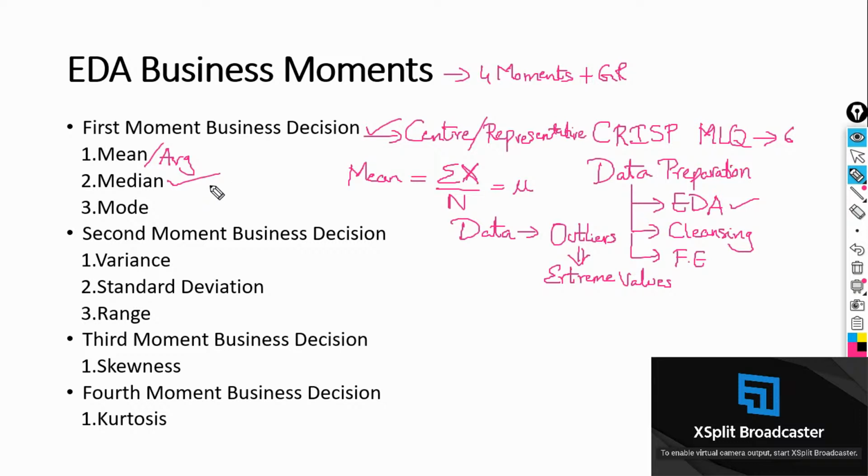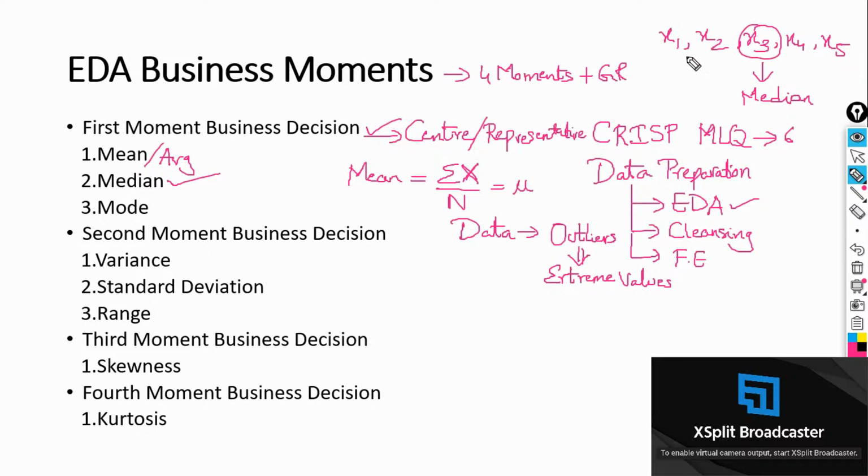It is the middlemost value of an ordered data set. If my data has 5 observations, I am supposed to order them either in ascending or descending order, and the middle value will be the median value.